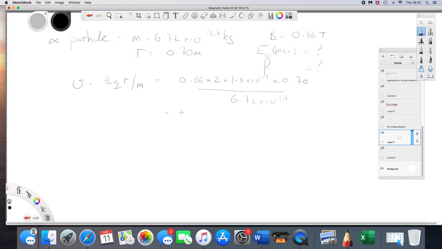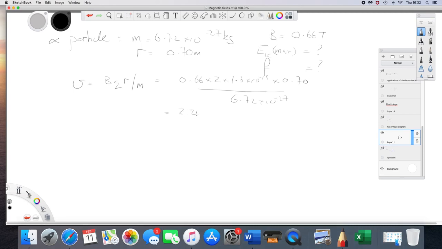That gives us a velocity of 2.2 times 10 to the 7 meters per second.